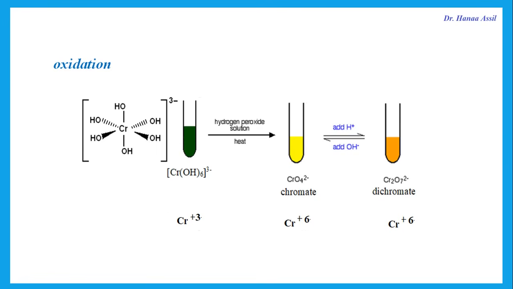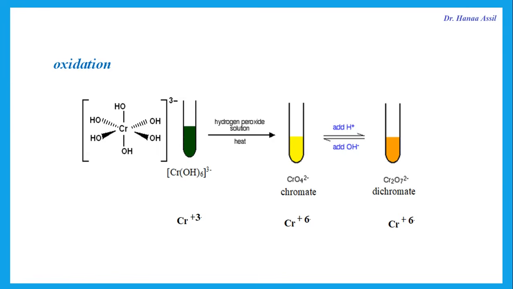Oxidation of chromium. We said chromium in water, chromium +3 originally, is a green solution. Now if we add hydrogen peroxide, which is an oxidizing agent, it will oxidize the chromium +3 to the chromate ions, in which chromium is +6, and this is a yellow solution.